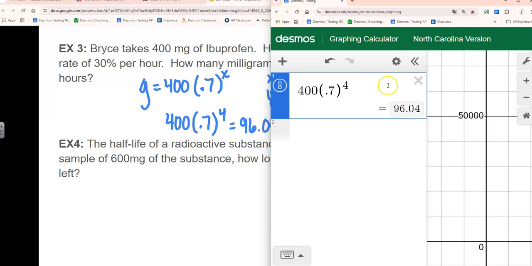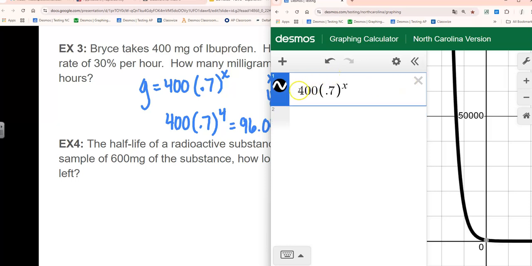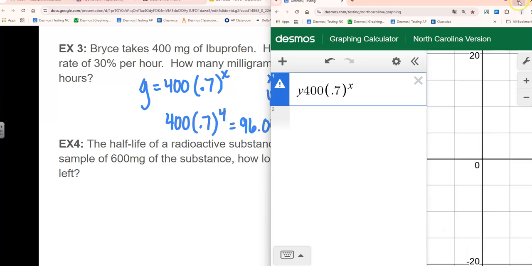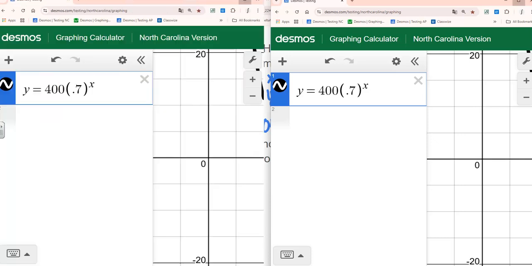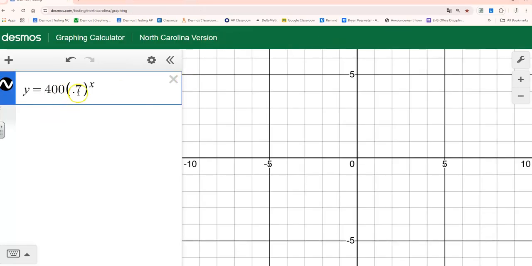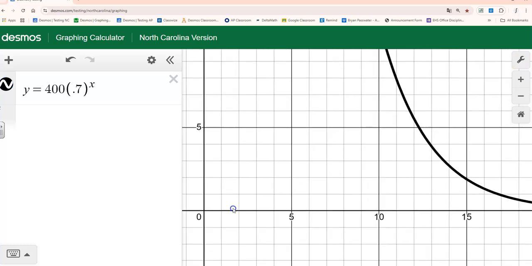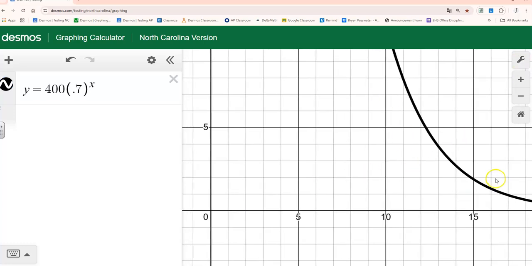For that, let's look at the graph of this. I'm going to change that back to an X. Let me hit the house button. All right, now, if I'm trying to get a good graph of this that I can actually look at, I can see it some over here, but I start with 400 milligrams.